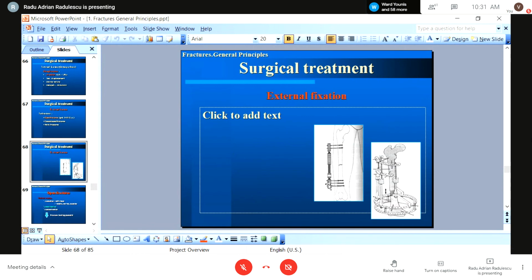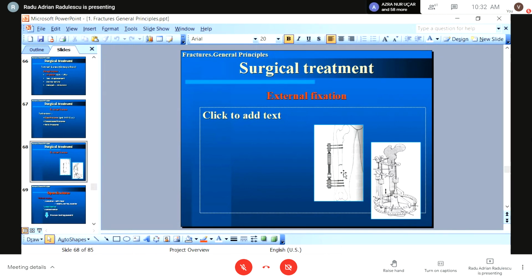It has some pins which are introduced in the fragments, and then these pins are united one to another by an external device, so that at the level of the fracture site, we have no material.